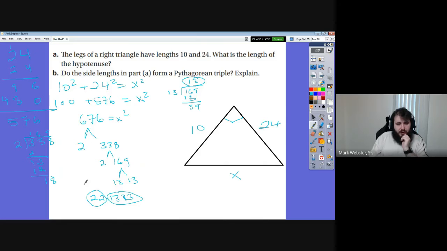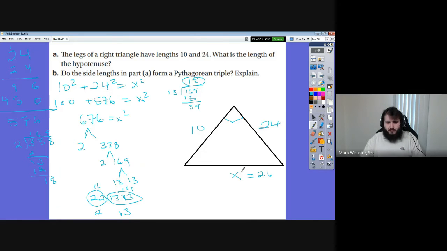Circle our pairs. 2 squared is 4. 13 squared is 169. So our missing side, x equals 2 times 13, 26. And then where's the square root? Well, we didn't have any leftover things, did we?